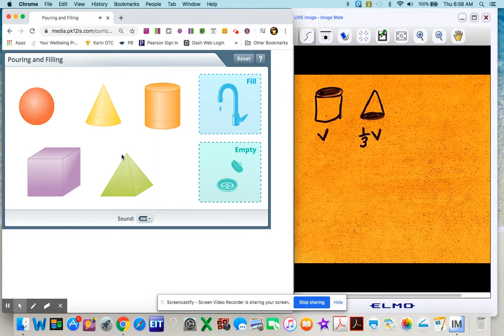Okay, so then I want you to take a look at the pyramid versus the prism, and what do you notice about the relationship between this rectangular pyramid and this rectangular prism?